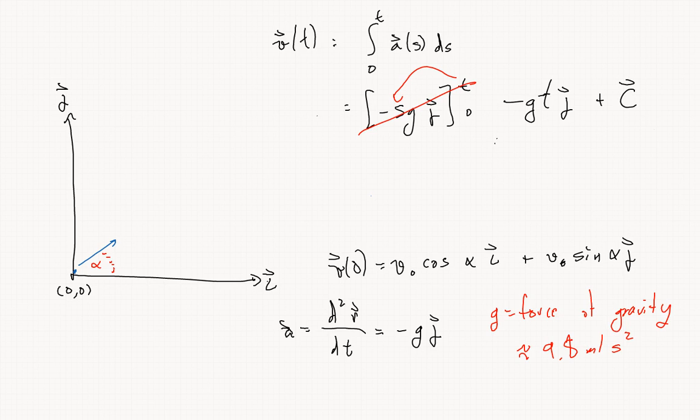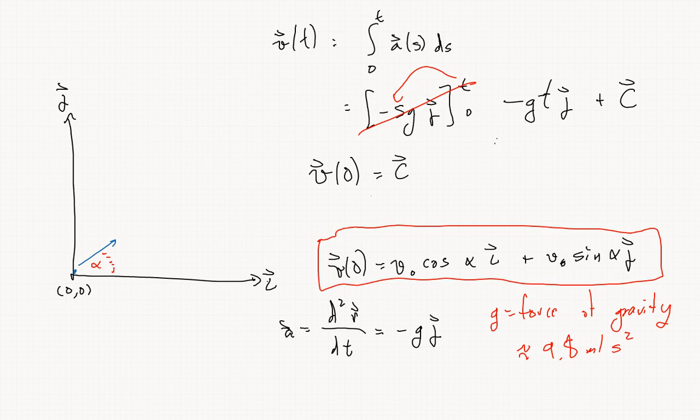And we have that v of 0 is going to be just c, and so we get that c is this.